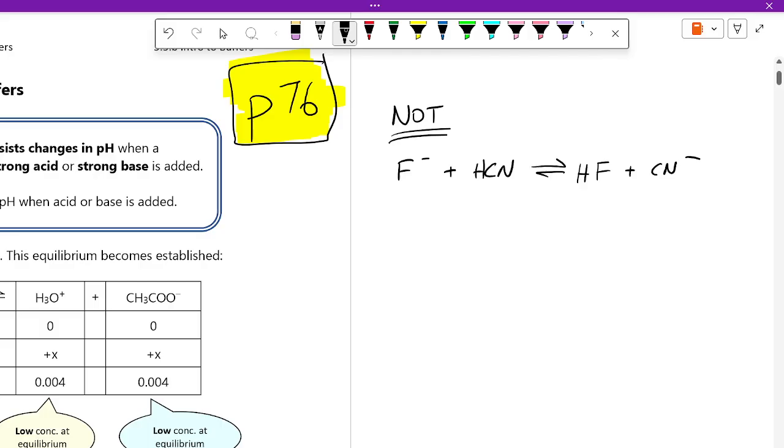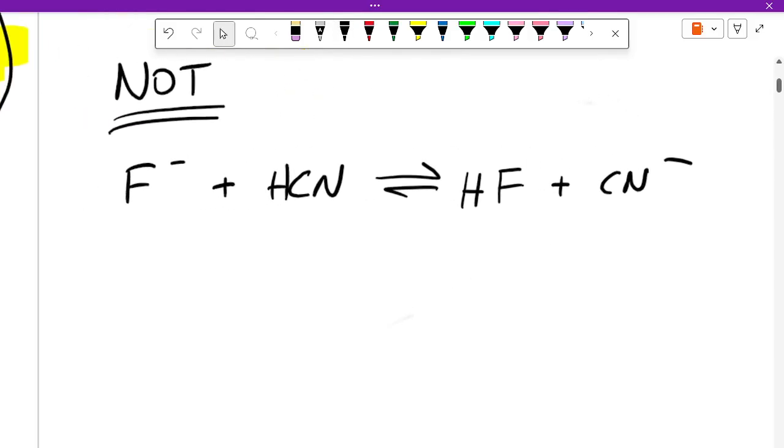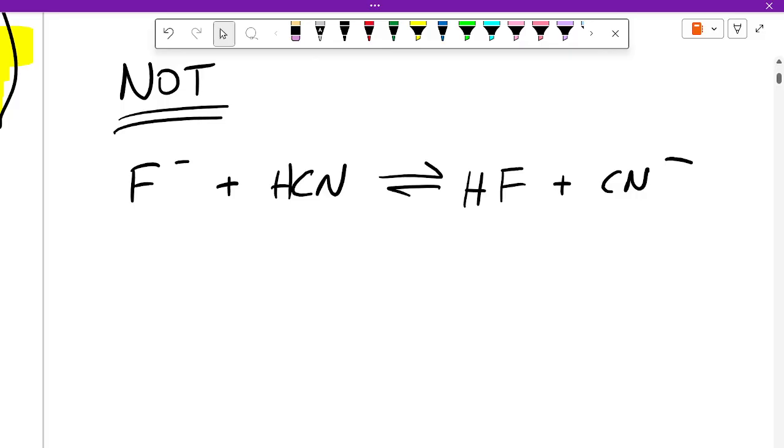This was kind of what we did back in Unit 4, acid-base part 1. Do you remember what we did with an equation like this?